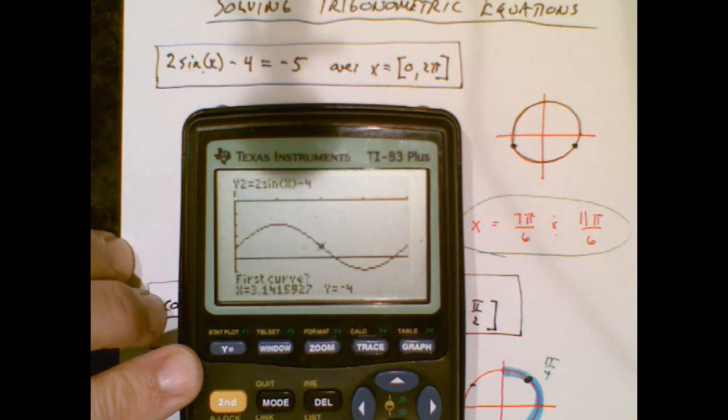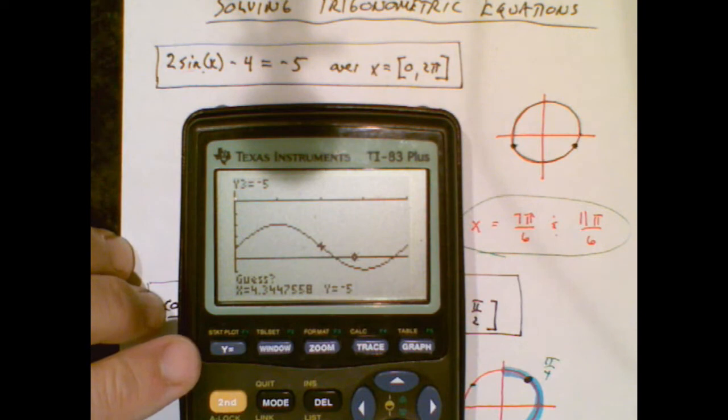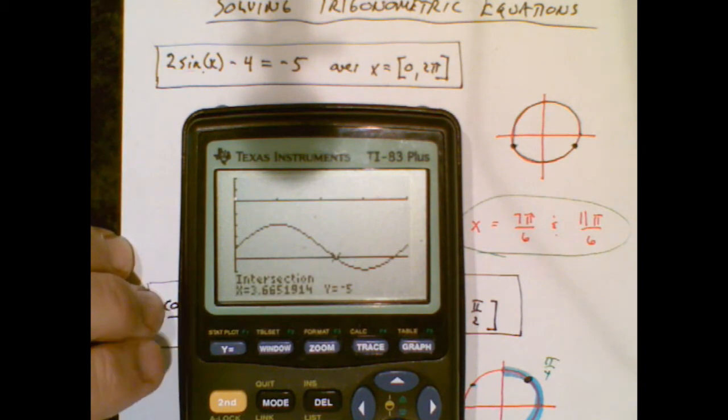And I'm on my first curve, hit enter. Now I go to the second curve and hit enter. And so I've hit enter on each side of the intersection point, and it asks, do I want to take a guess? And yes, that intersection point is 3.665.